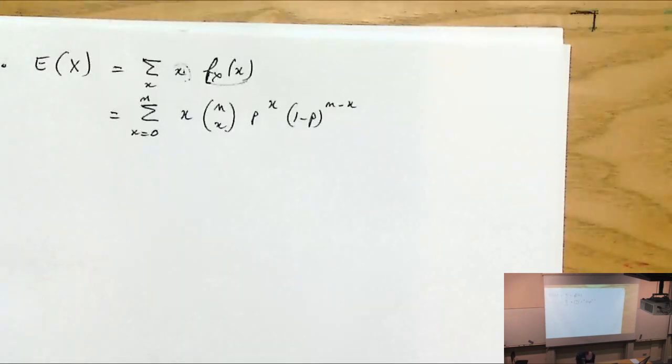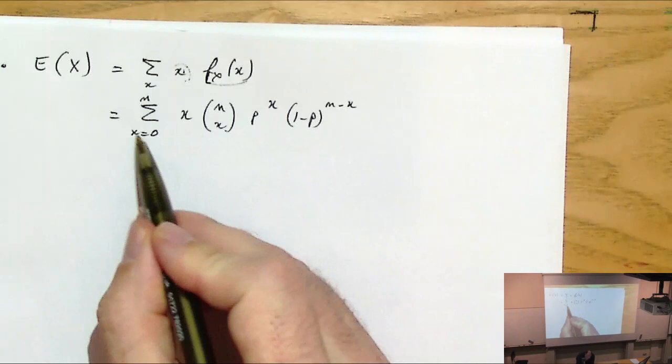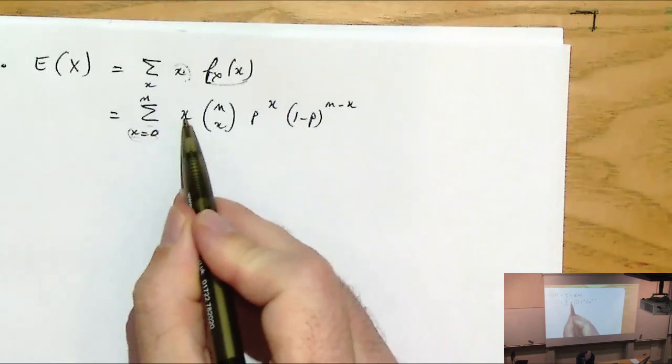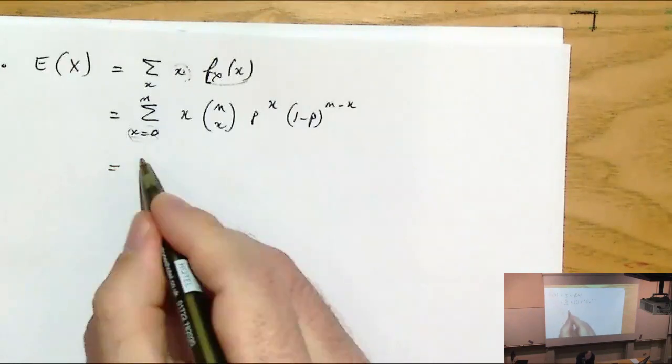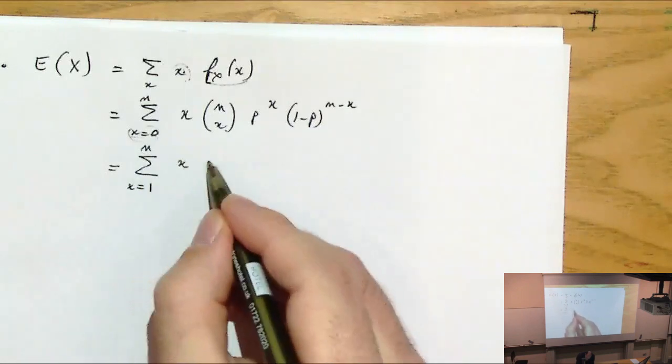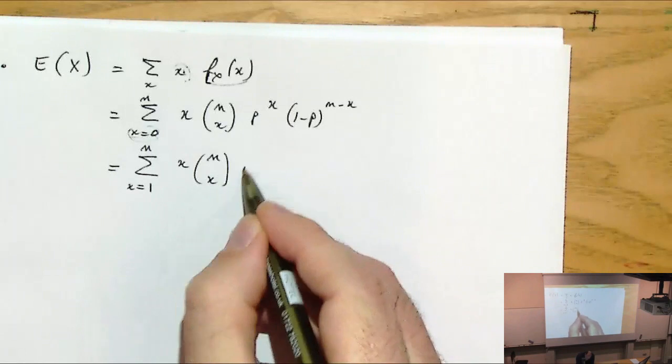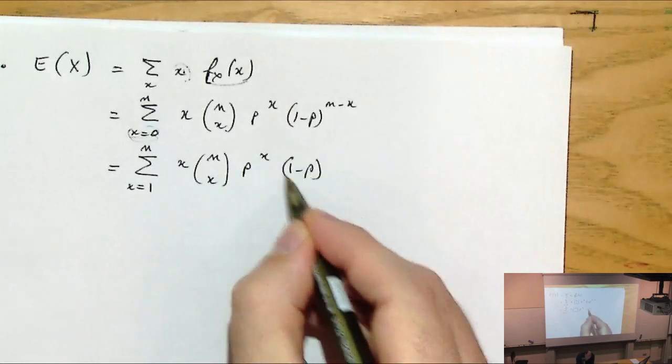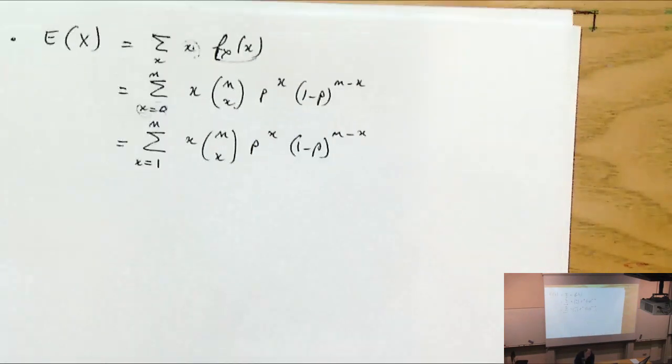First thing we see is that if x is equal to 0, this is 0, so the first term is gone. So what we can write already is the sum for x from 1 to n of x, n choose x, p to the x, 1 minus p to the n minus x.